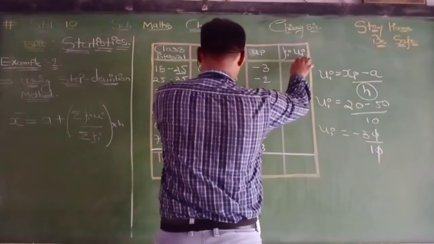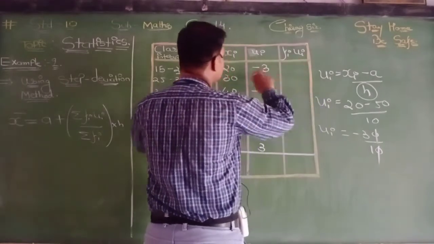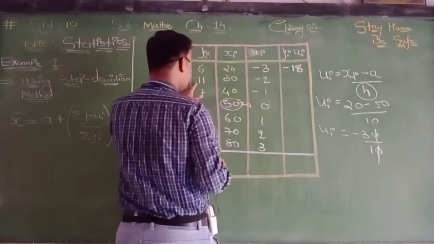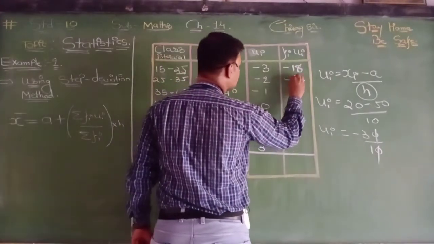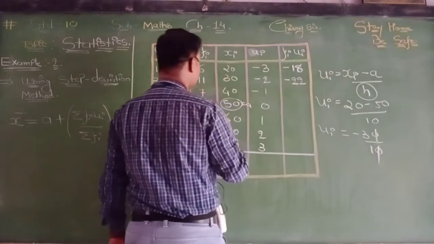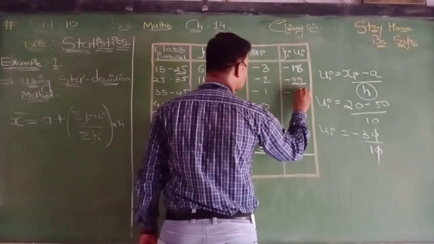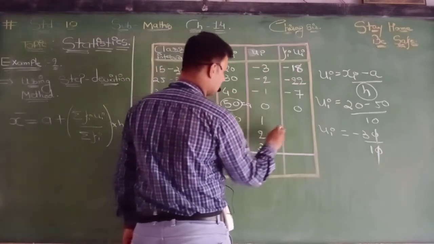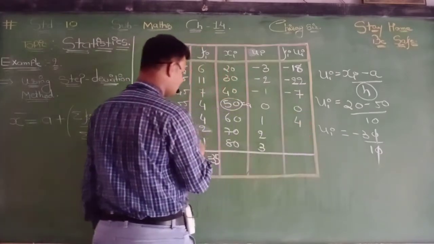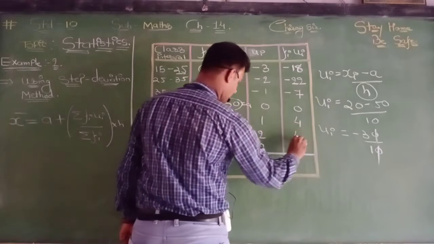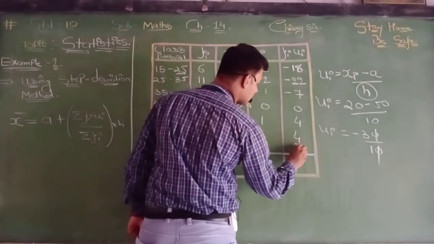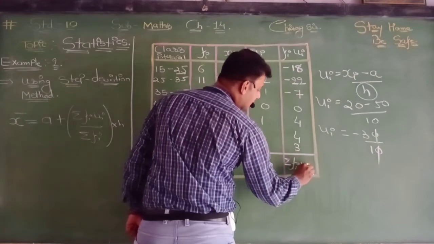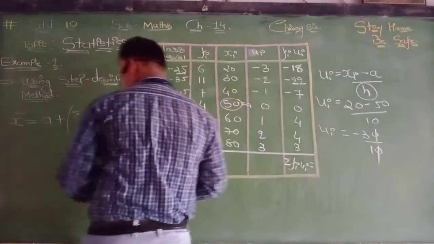Now fi ui. 6 into minus 3, that is minus 18. 11 into minus 2, minus 22. 7 into minus 1, minus 7. 4 into 1, 4. 2 into 2, 4. 1 into 3, 3. Here will be sigma fi ui, meaning addition.